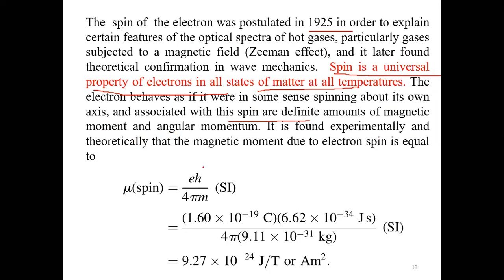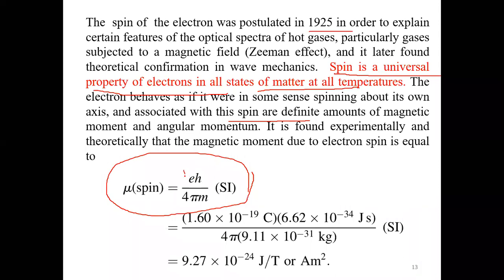It is found experimentally and theoretically that the magnetic moment due to the electron spin, mu spin, is, as we calculated in the previous slide, e h cut by twice m, and the value of h cut is h by twice pi, so it will become eh by 4 pi m.